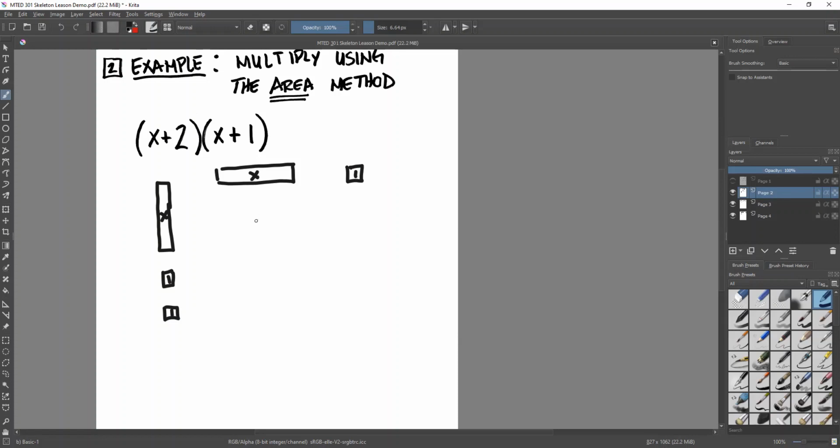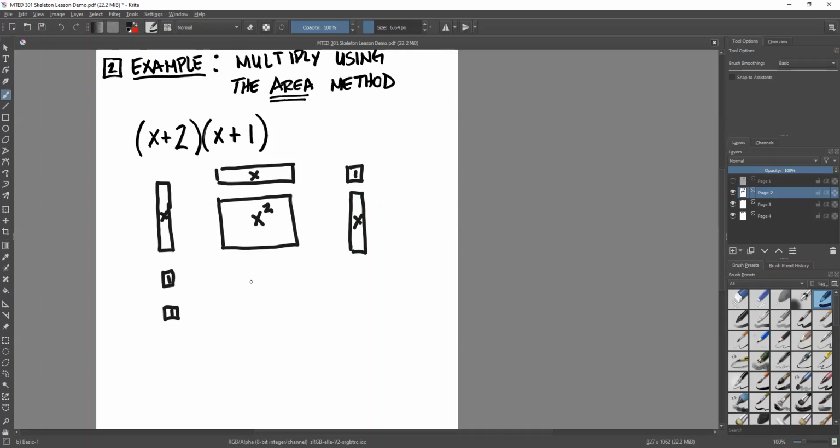And then here is where we're going to multiply. x times x, we can represent that using our x squared tile. x times 1 is going to be the x rectangle, the tile.